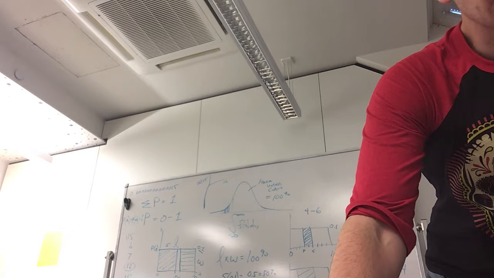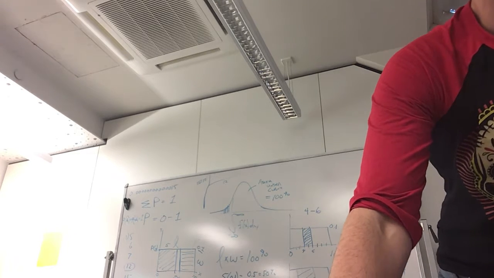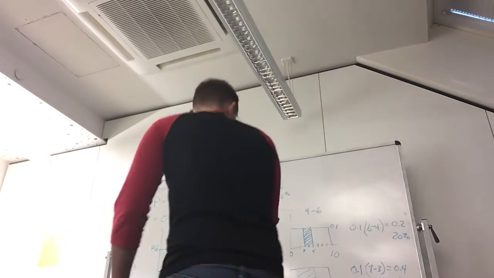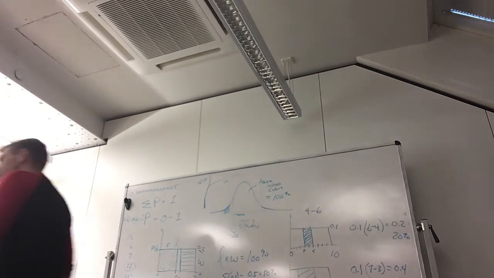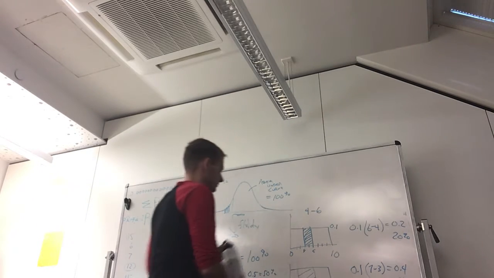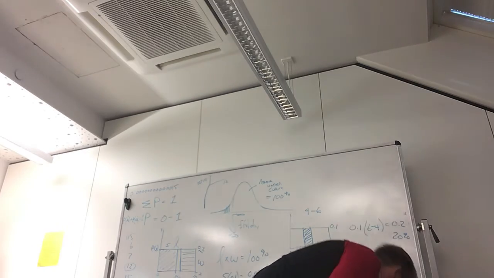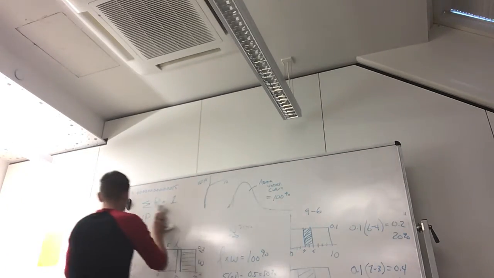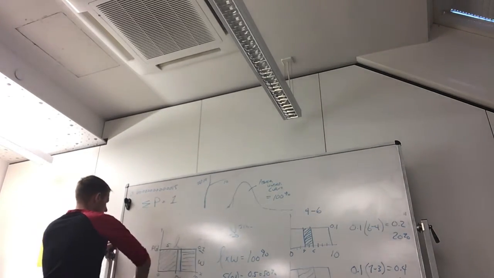All right, so let's talk about normal distributions now. 6-2. I know you explained it, but how is normal different than uniform?